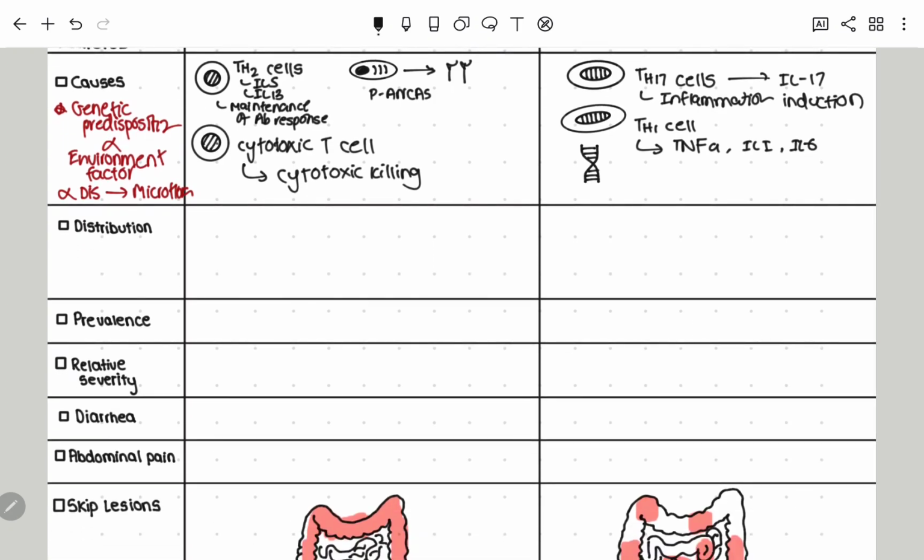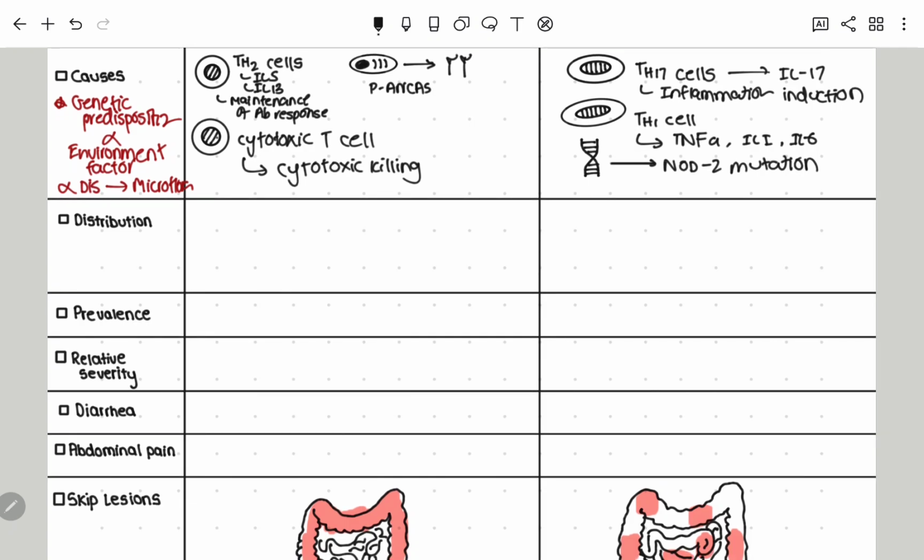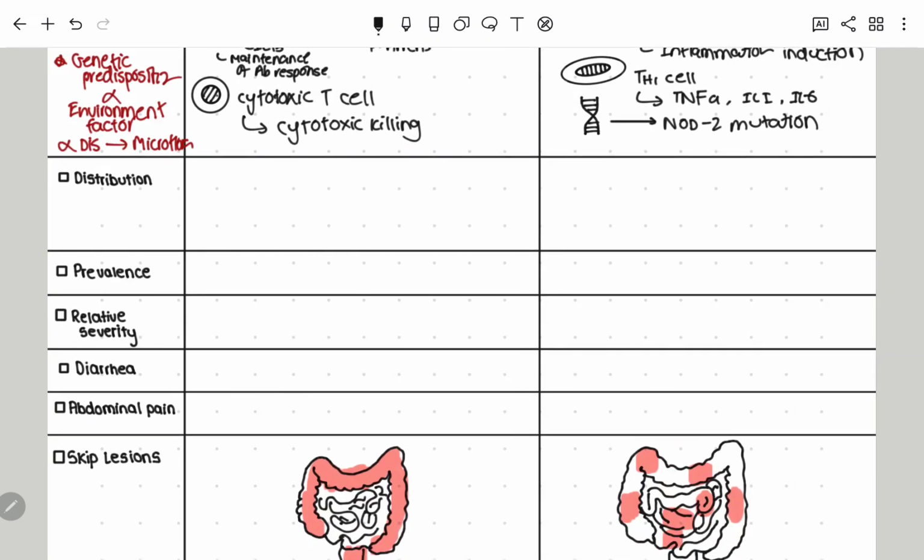And Crohn's disease is also said to be linked with a specific genetic mutation, which is the NOD2 mutation. And that this gene is normally involved in controlling immune responses and inflammatory reactions, and it is implicated in Crohn's disease.